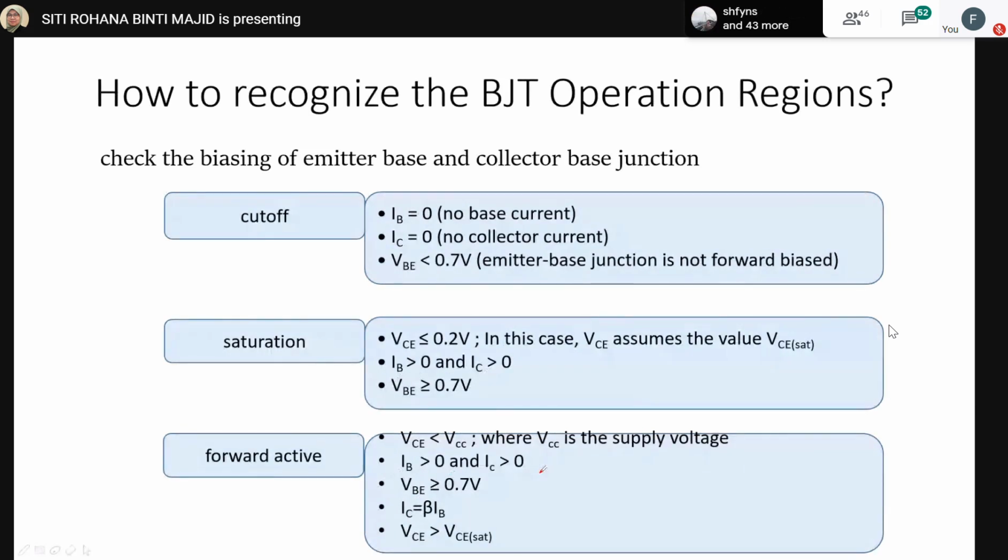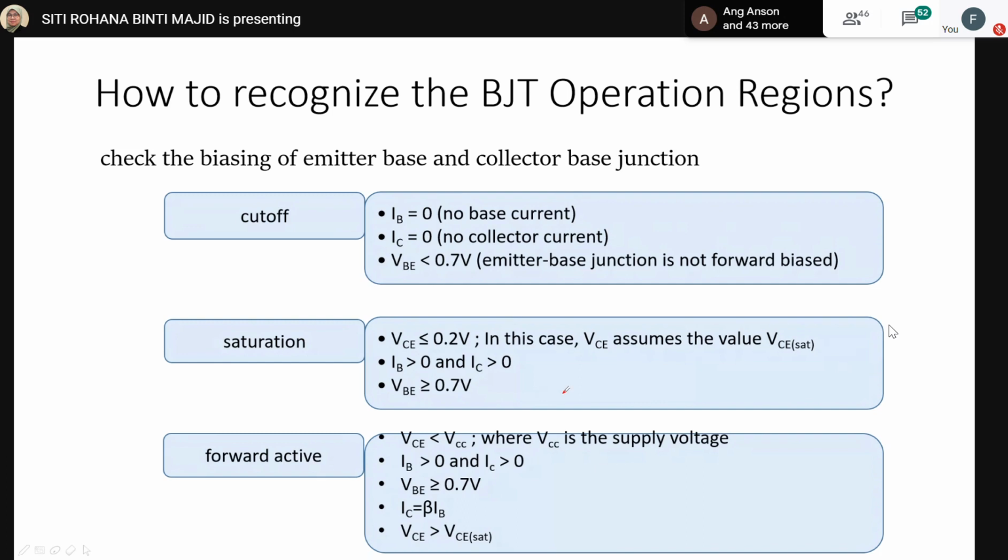When there is an IB value, that means VBE is equal to 0.7, or in other words, the charge carriers are able to overcome this potential barrier, which is VBE on. This is another similarity between saturation and forward active.